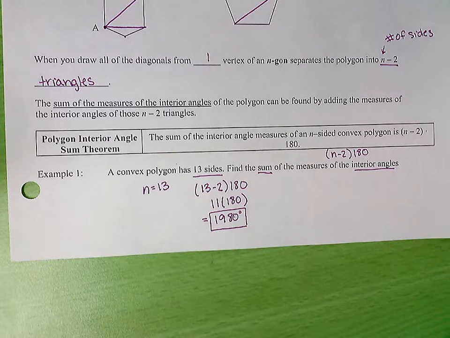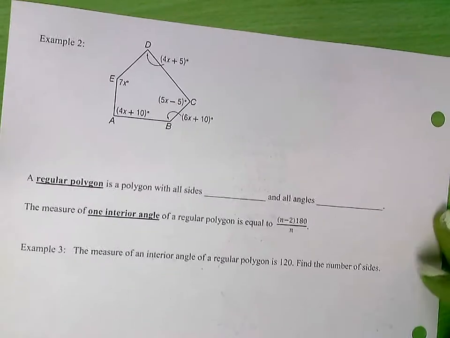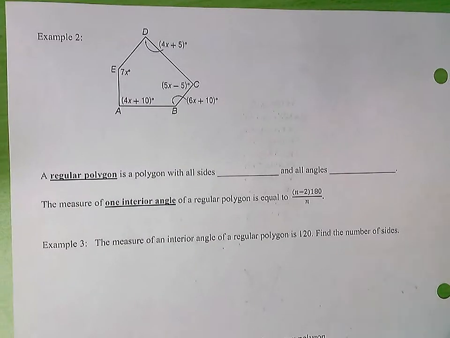So all of the angles within that polygon would have to add to be 1,980 degrees. Just like when we had our triangles, all of our angles had to add to 180. Well, now we can figure that out for any sized polygon, what their angles have to add to. Any questions so far? To find the angle sum, yes.